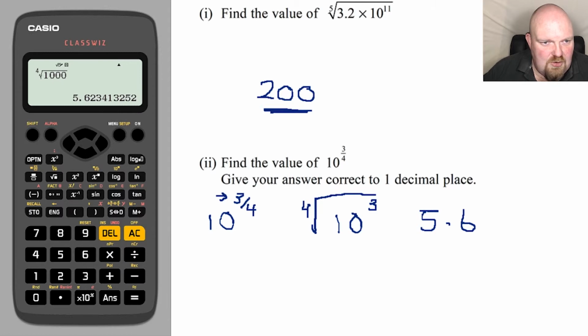But equally, you can go straight in with the question as it's written, as it's a calculator question. And so what I do is I type in 10 to the power of something, and that something is a fraction. So it's 3 right arrow 4, and that again gives me the same answer.